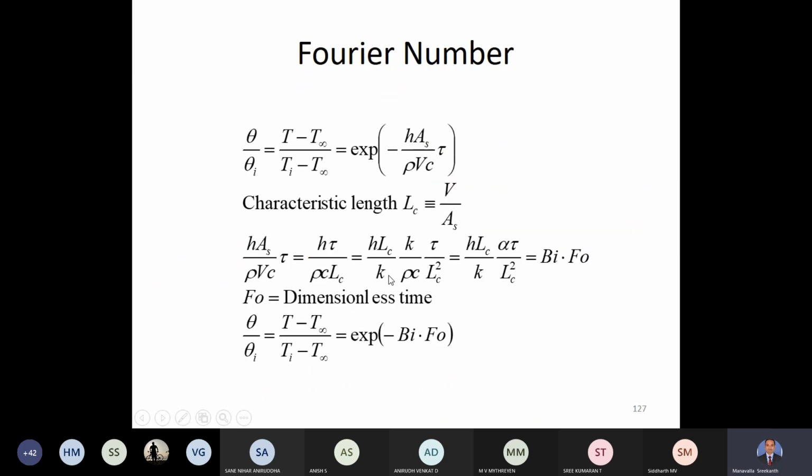h L by k multiplied by k by rho c. Do you recognize this term k by rho c? k divided by rho c. k is conductivity, rho is density, c is the specific heat. k divided by rho c is what is called the thermal diffusivity.